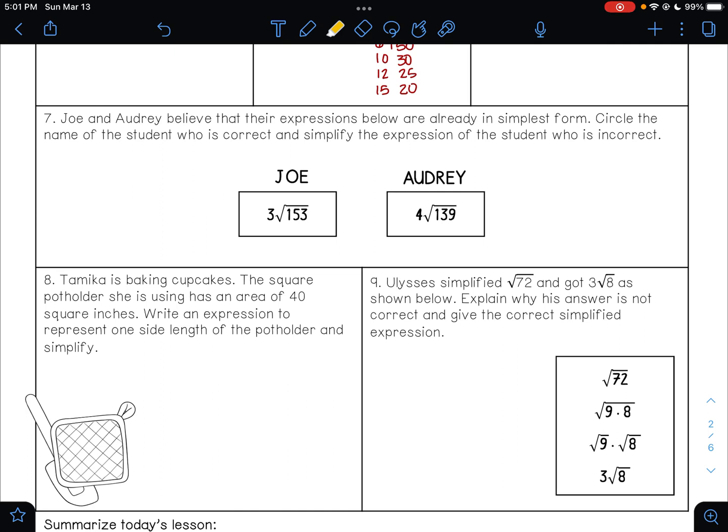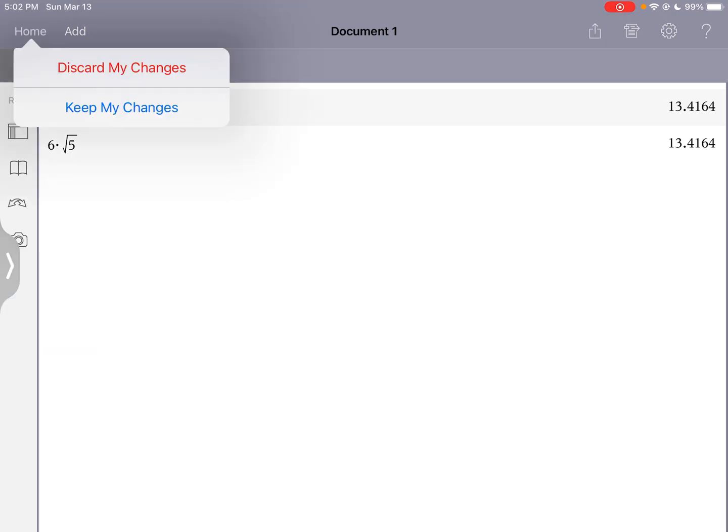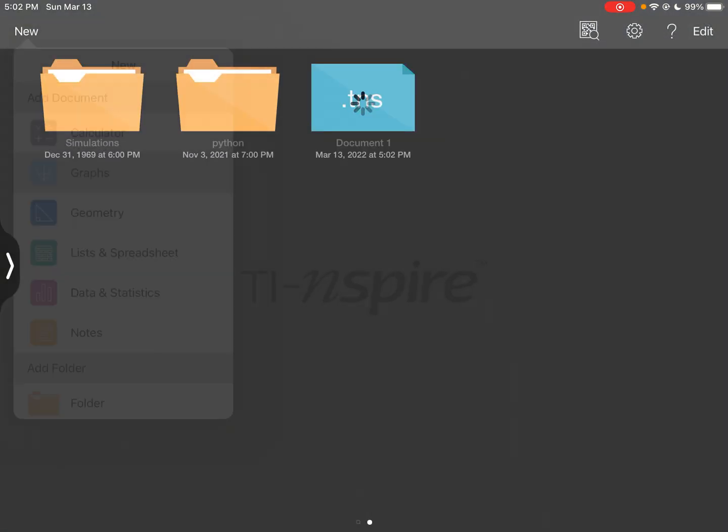Joe has 3 square root of 153, and Audrey has 4 times the square root of 139. So we need to pull up our table and see if there's a perfect square that goes into the radicands, the numbers under the radical. I'm going to start with Joe first. I'm going to do 153 divided by x in my graph.